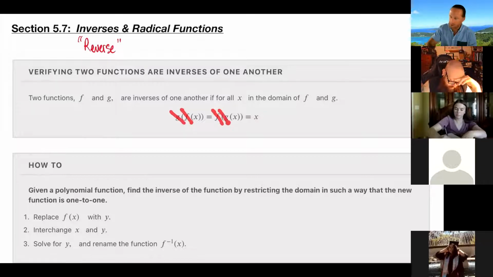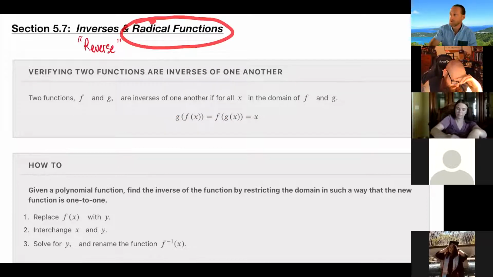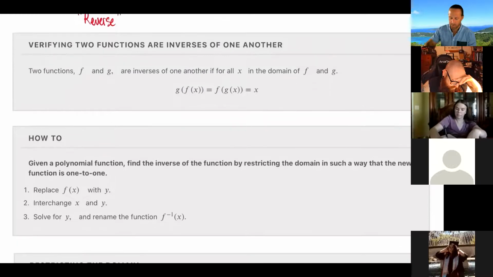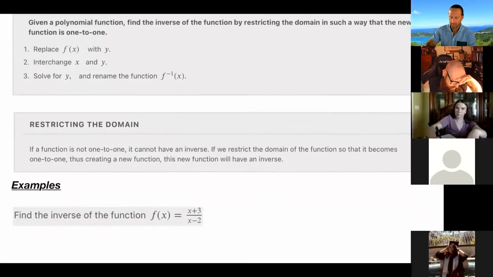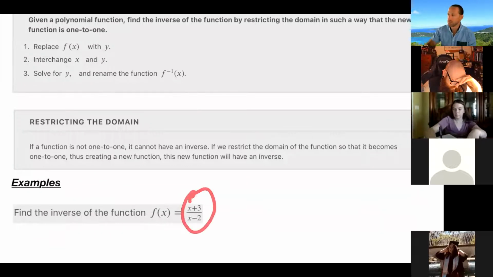Whether we do f of g or g of f, we would get what we put in, that x value, whatever it is. That's what we would get out. Okay, so we've already done this before. The only difference is we're going to be talking about these radical functions now, things with roots or radicals in them, as well as the ones that we just went over, which were rational functions.